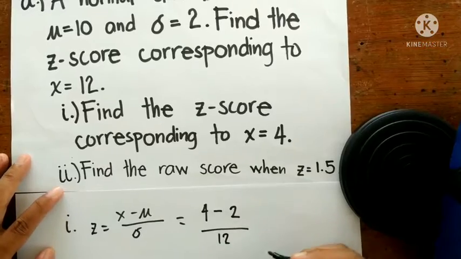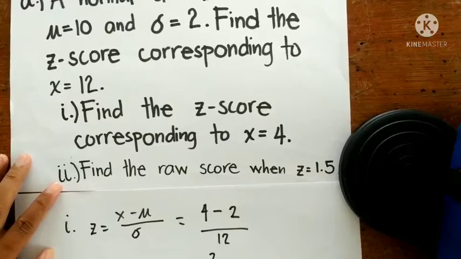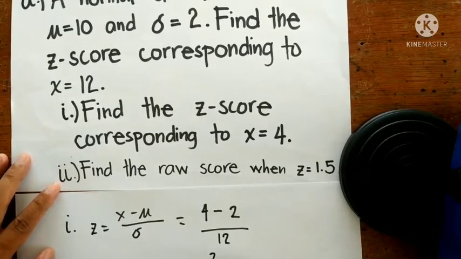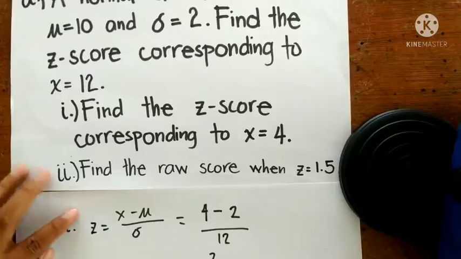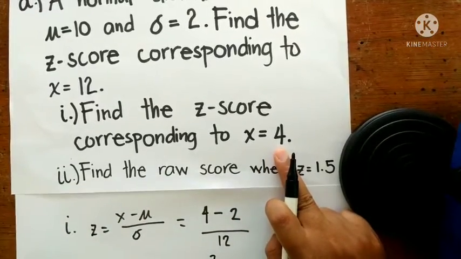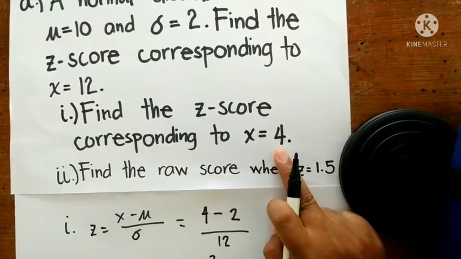So 4 minus 10 is negative 6, divided by 2. Which gives a z-score of about 0.1666, which means a score of 4 deviates 0.166 units from the mean. So this is what it means.